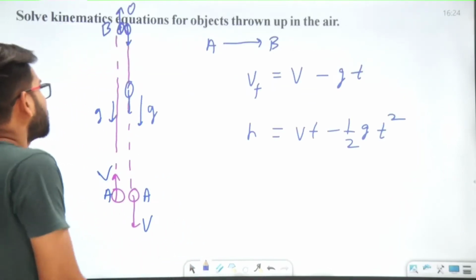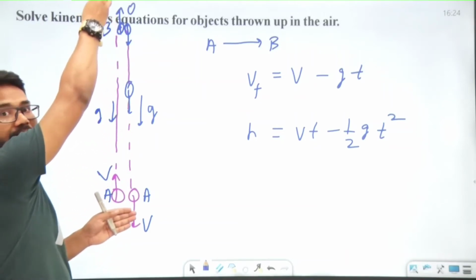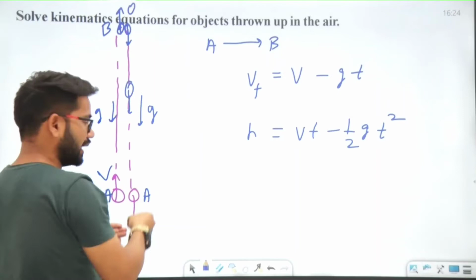Students, how much time will it take to go from A to the top point B and then come back from B to A?